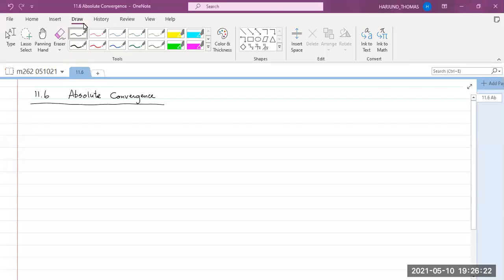Absolute convergence. Now, what is absolute convergence?